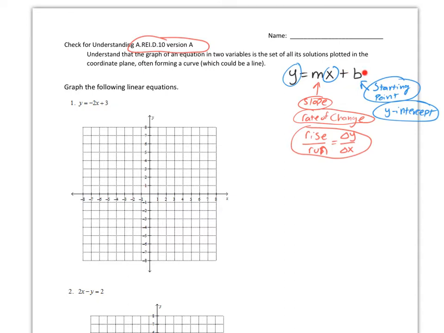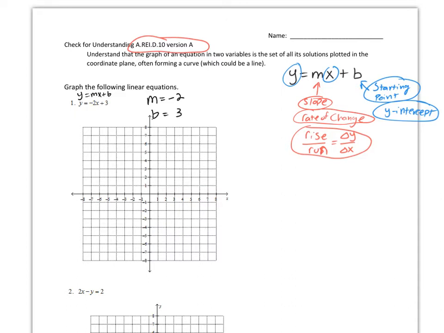And the starting point, the b value, is +3, also known as the y-intercept. So if I know that this equation comes in the form of y equals mx plus b, my m value is -2, and my b value is 3.